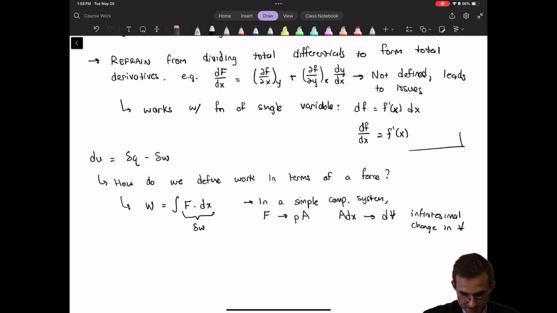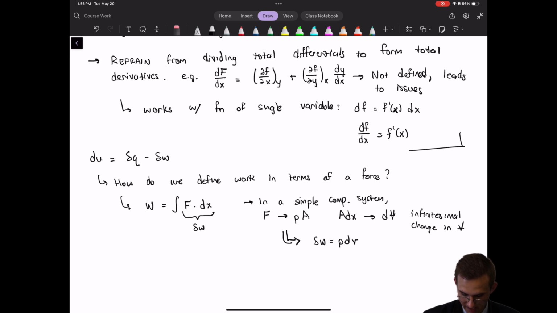By using these two relationships together, we can see that our delta W we can rewrite as P dV, again moving back to the per mass basis.